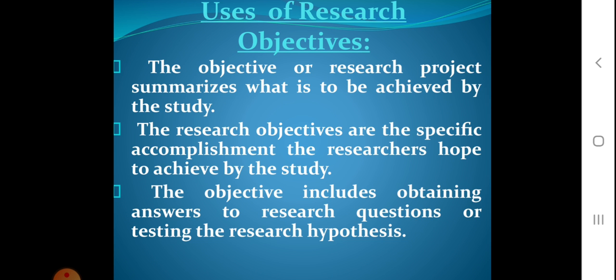Dear students, the following are the main uses of research objectives. The first one is the objective of a research project summarizes what is to be achieved by the study. The next one is the research objectives are the specific accomplishments the researchers hope to achieve by the study.